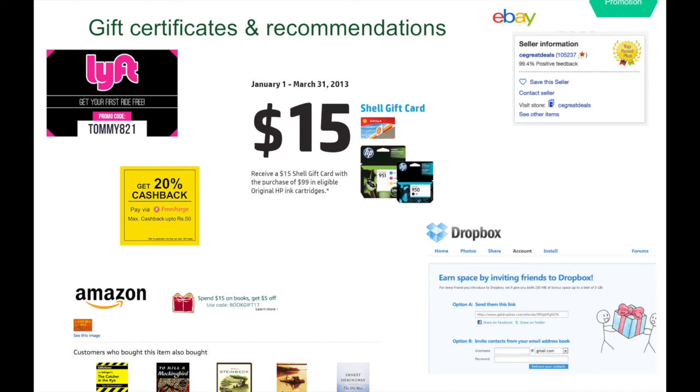And last but not least, recommendations can also be in the form of, if I bring a new user to Dropbox, I get additional space for free. So I kind of get a discount if I recommend one of my friends using it.